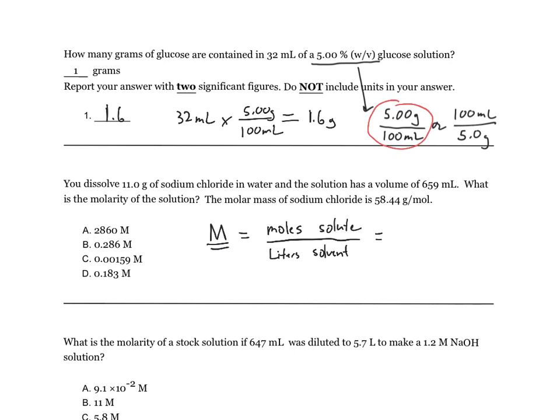Here, to get moles of solute, we've got 11 grams of sodium chloride, and we know the molar mass is 58.44 grams in 1 mole.